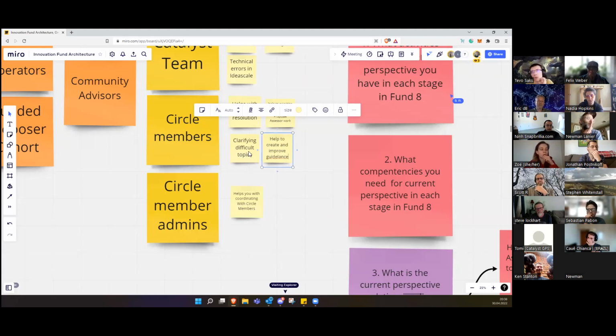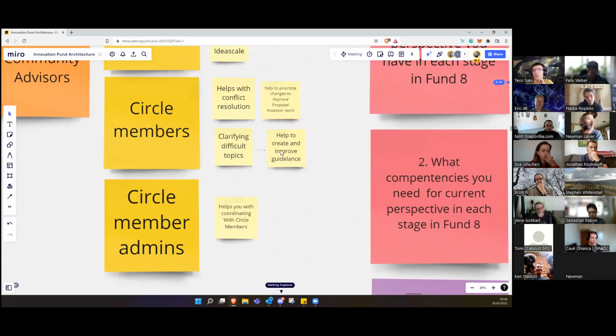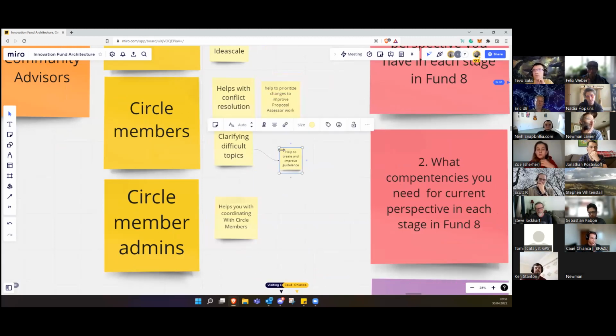Clarifying difficult topics, helping to create and improve guidelines. This is something they could do together because we have an open system. I think it will happen naturally because what you are doing, Nadia, is very much feeding into all these directions, and huge shout out, by the way.